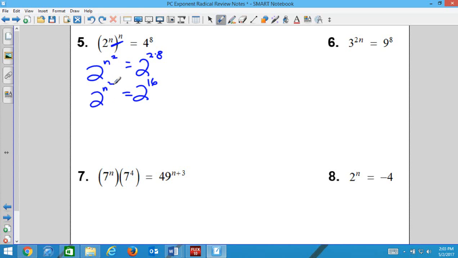We have the same base, so we can write n squared equals 16. When there's a squared, how many answers am I going to get? Two: we square root and put plus or minus, so there are 2 answers.